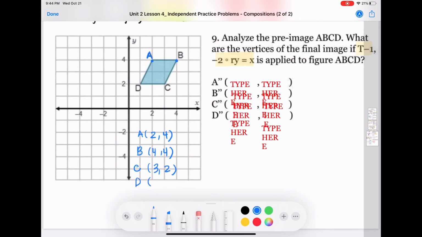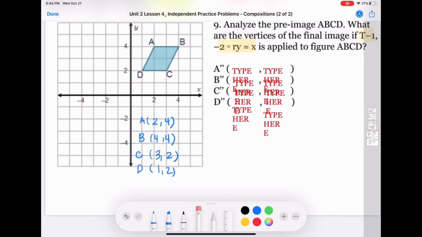And D is located at (1, 2). And so we just want to double check that: (2, 4), (4, 4), (1, 2), and (3, 2). Okay, so there we have the original coordinates of our pre-image.